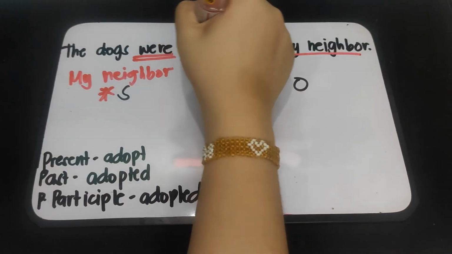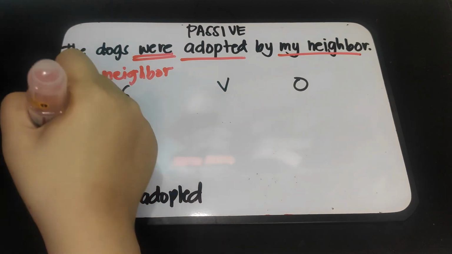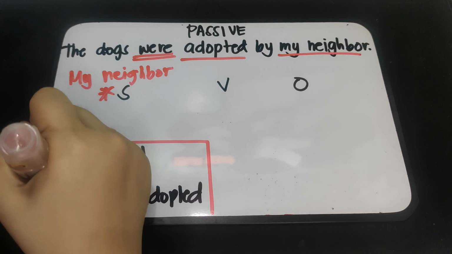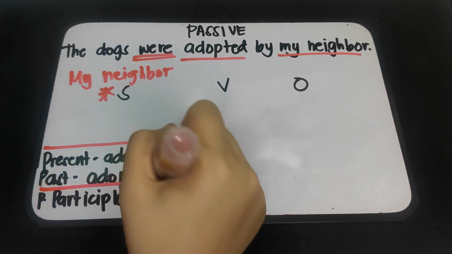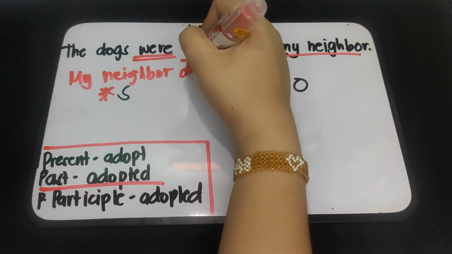Now this is our main verb. Let us look at the principal parts of the word adopt. We are looking at the past tense of the word adopt, which is adopted. So the main verb that we are going to use is still adopted.